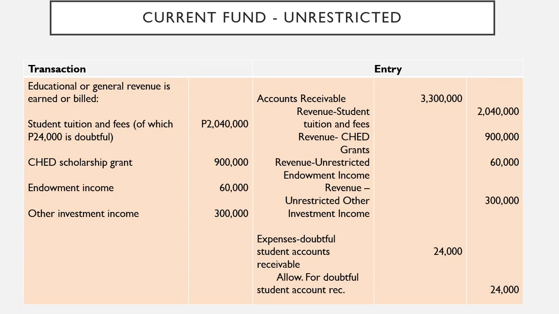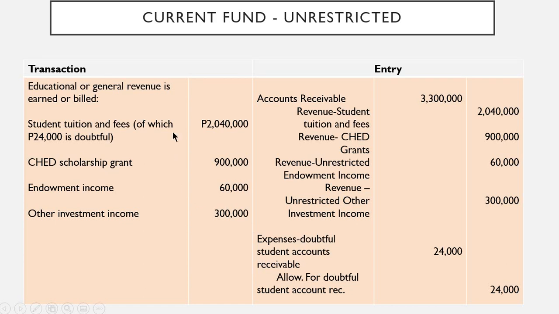Okay, so educational revenue is earned or billed: student tuition and fees, of which 24,000 pesos is doubtful. And so merong tuition daw, student tuition and fees for 2,040,000 pesos. Meron ding CHED scholarship grant na 900,000. Merong endowment income 60,000 and other investment income for 300,000.